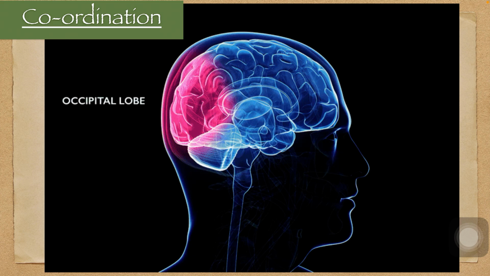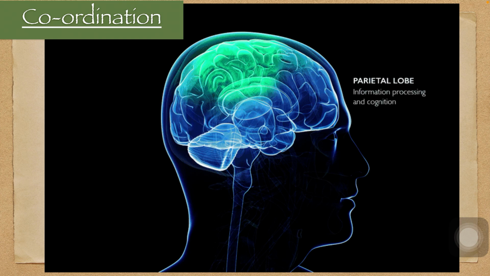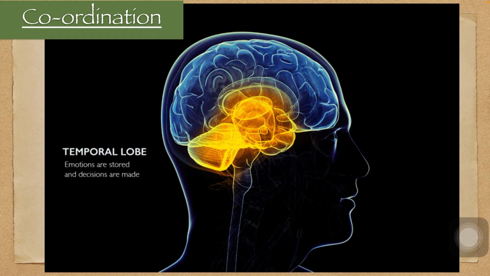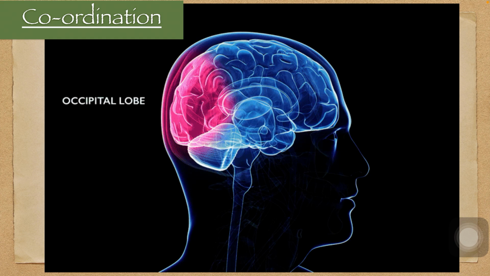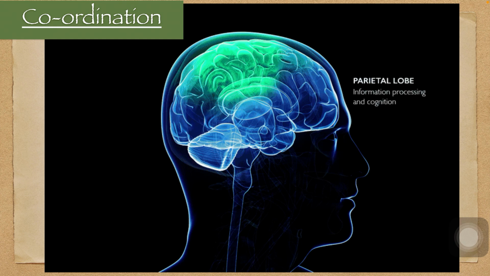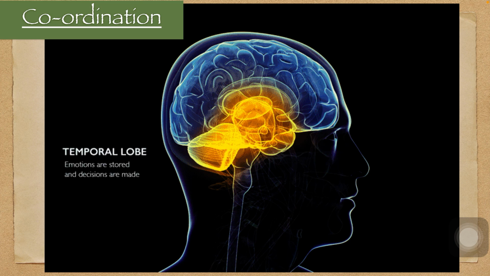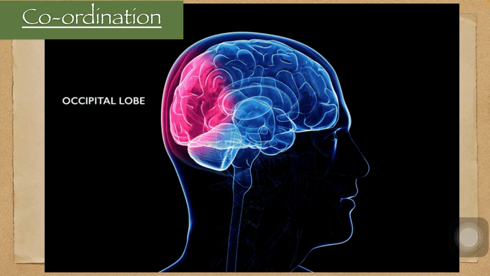Coordination in human beings and plants means the harmonious functioning of parts for an effective result. It may be hormones or it may be organs. Organs also work in a proper manner to keep us alive and make the life processes run smoothly. So this is called coordination.